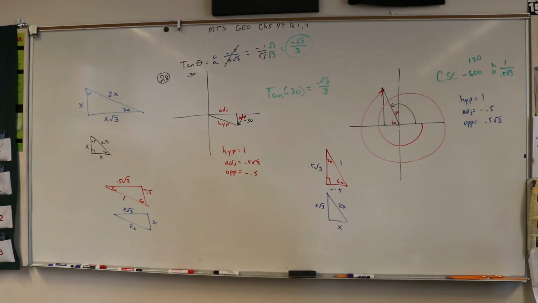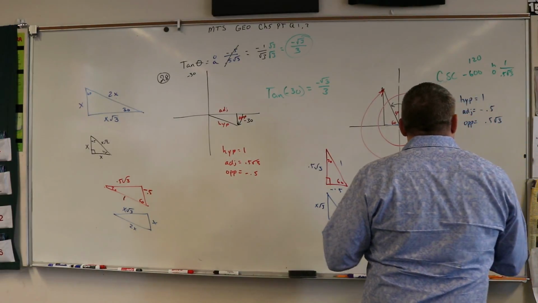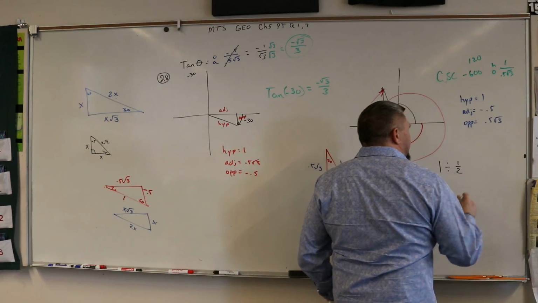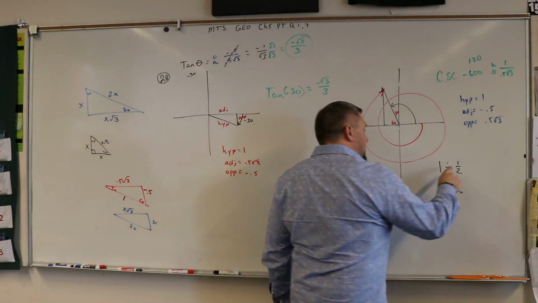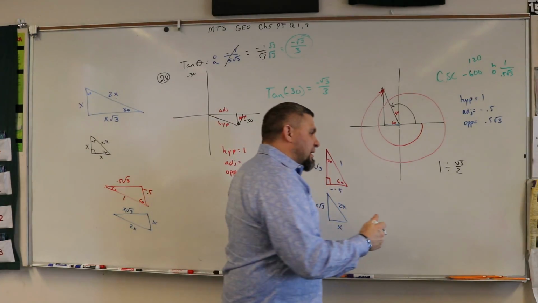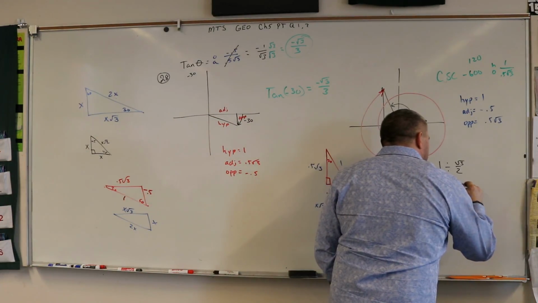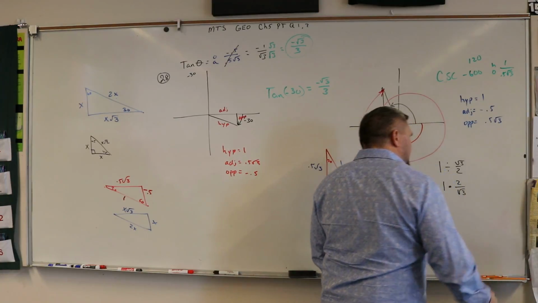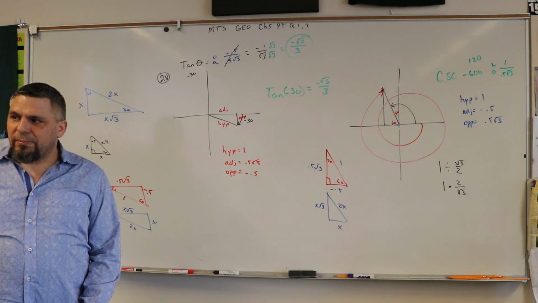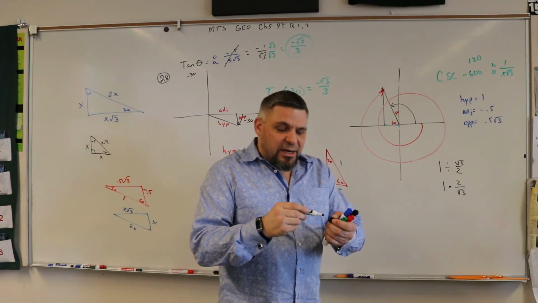Now, that's a funky one, right? Because now we're talking about 1 divided by 1/2, or the square root of 3 over 2, which means 1 times 2 over the square root of 3, right? Which is 2 over the square root of 3.